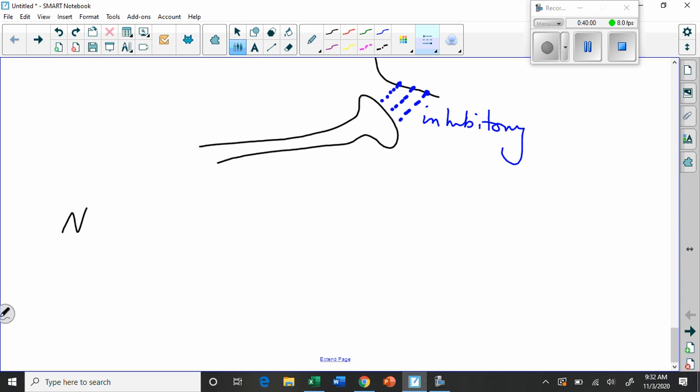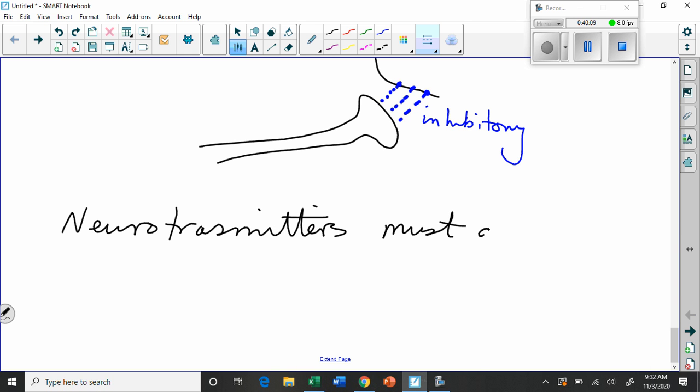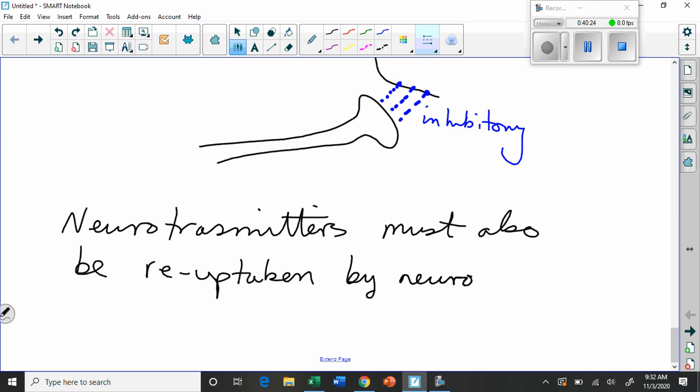So neurotransmitters must also be reuptaken, if that's even a word, by neurons after the fact. There has to be a mechanism to clean out the synaptic gap of these neurotransmitters once they've been released.